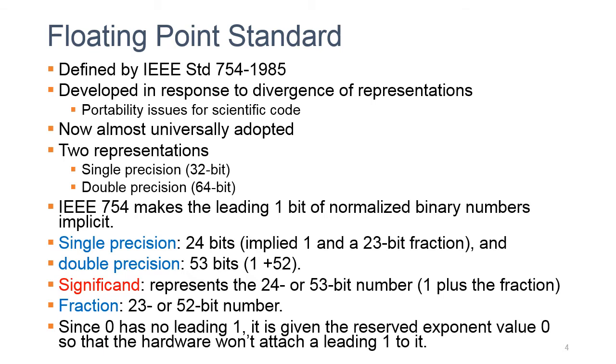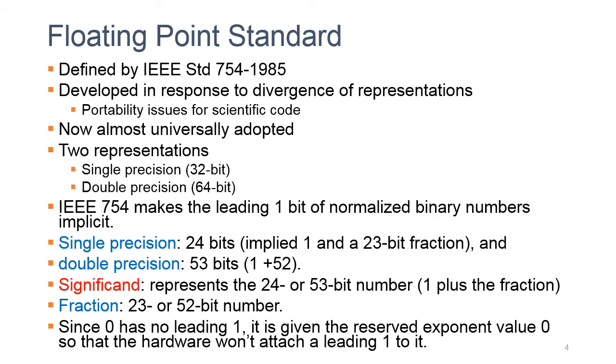To pack even more bits into the number, IEEE 754 makes the leading 1 bit of a normalized binary number implicit. Hence, the number is actually 24 bits long in single precision and 53 bits long in double precision.